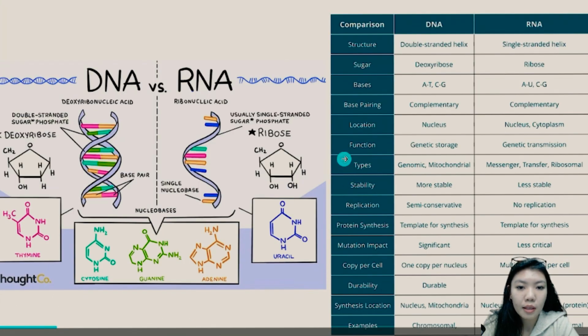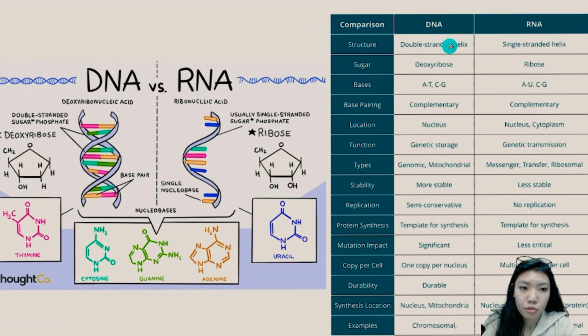Here you can see the differences in this table. We see its structure. DNA is double-stranded, but RNA is only single-stranded. Here, deoxyribose sugar, but in RNA we see ribose sugar. In DNA the bases are adenine complementary with thymine and cytosine complementary with guanine.